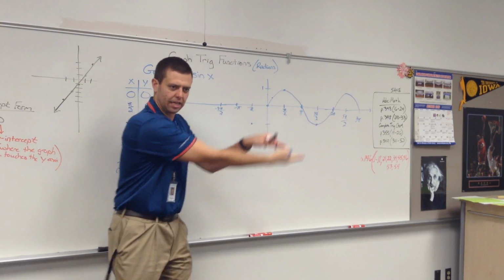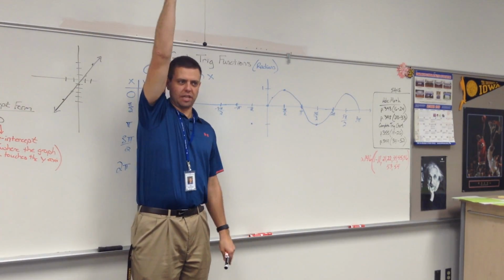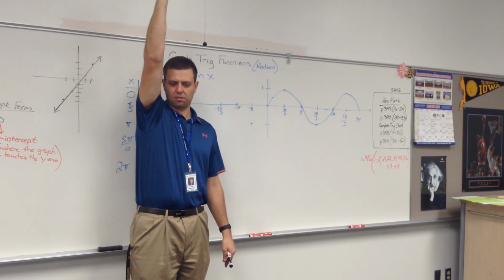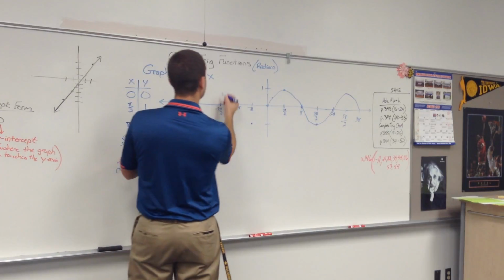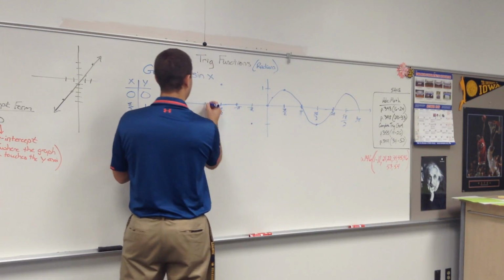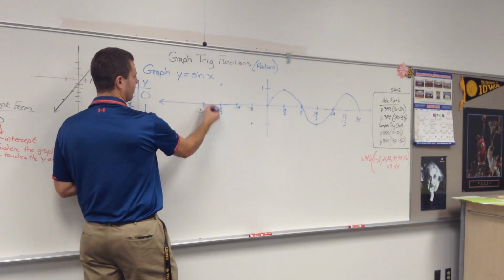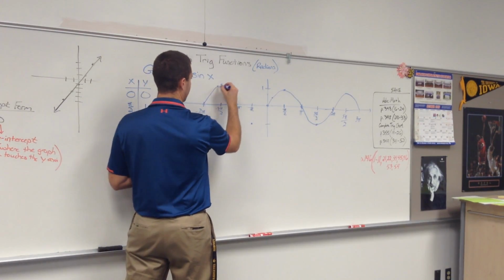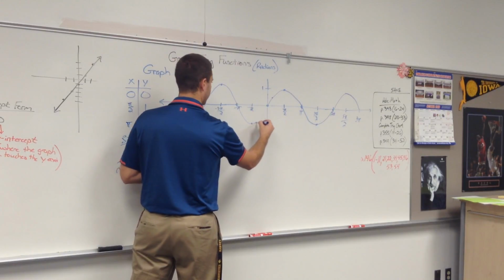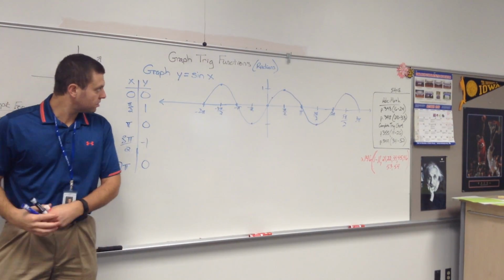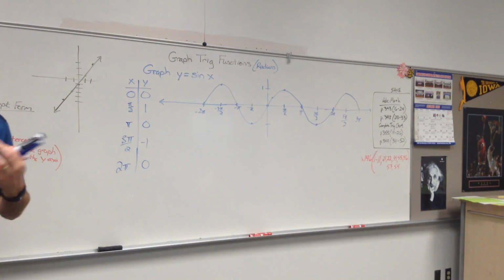How about negative 3 pi over 2, which is straight up here? What's the sine value? 1. And then all the way back to negative 2 pi, you're back to 0 again. There is your parent function for all sine curves.